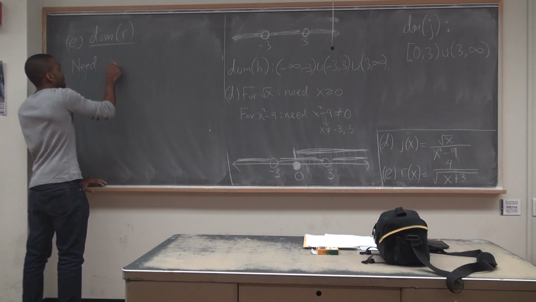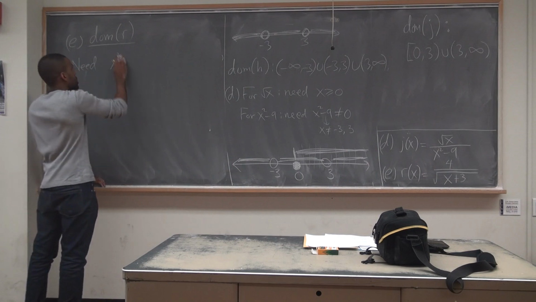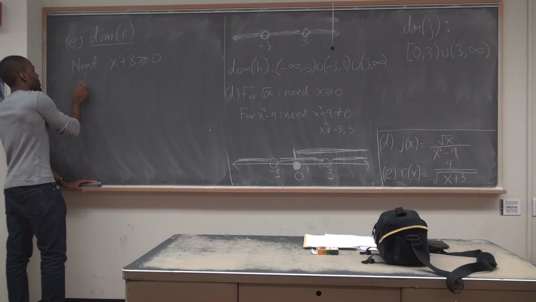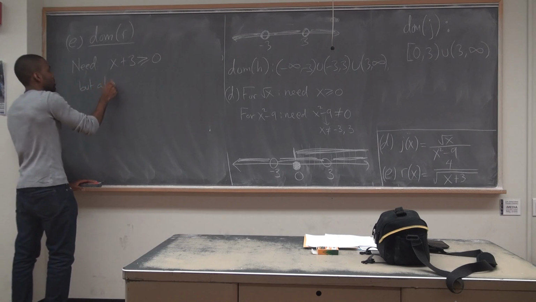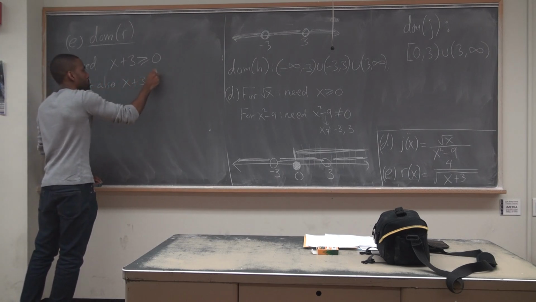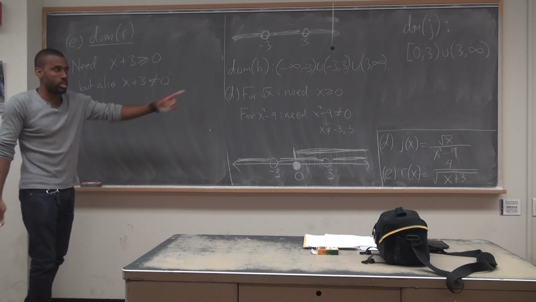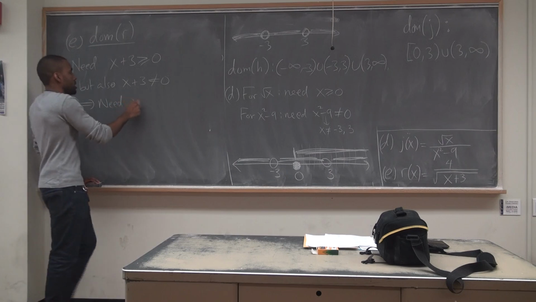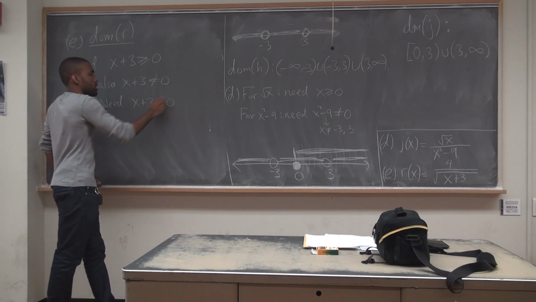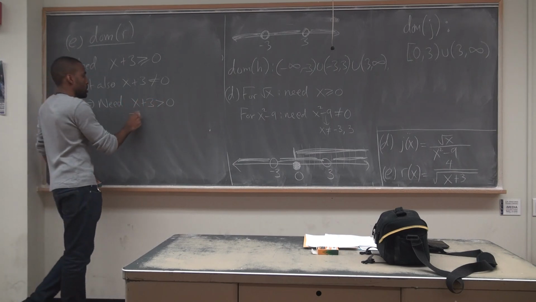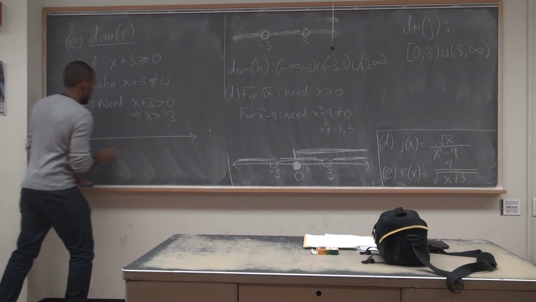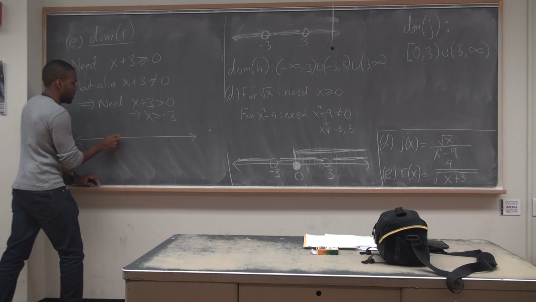So we need x plus 3 to be greater than or equal to 0, but also x plus 3 cannot be equal to 0, because it's in the denominator, which means ultimately what we need is just x plus 3 strictly greater than 0. Which would mean x is greater than minus 3, strictly speaking.